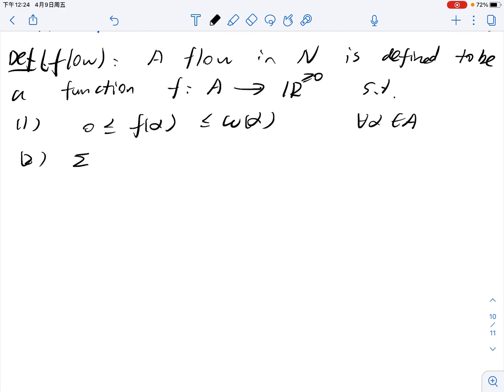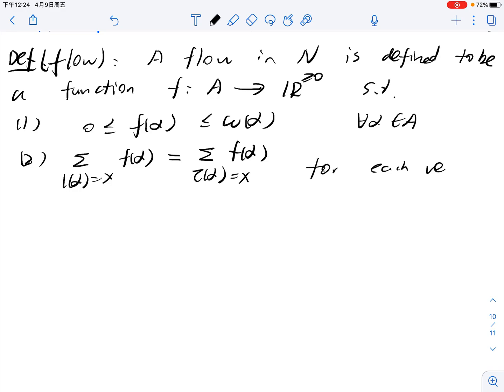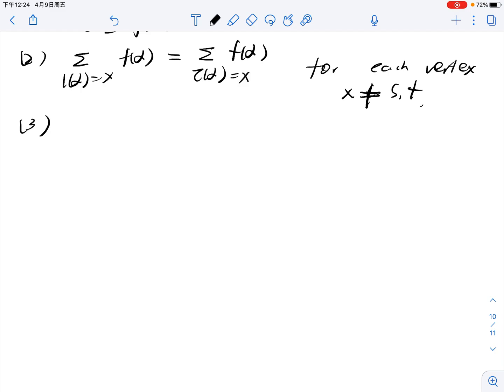And secondly, at each vertex, the summation of the values of the flow in is the summation of the flow out at this vertex, for each vertex. Of course, here we assume the vertex is different from the source and target. At the source and target, you may have net flow in and net flow out.